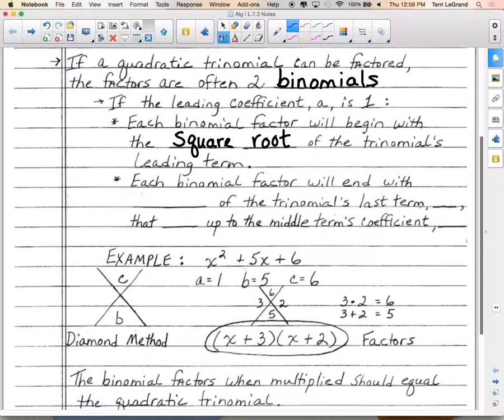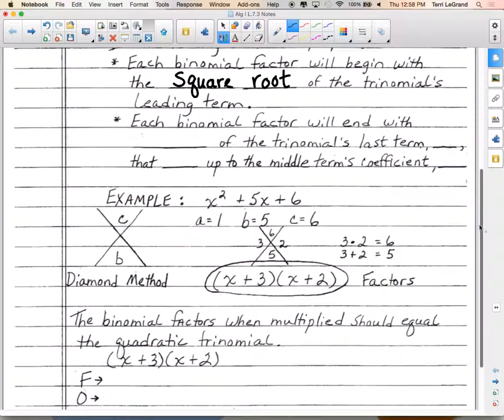So what multiplied by itself would give us x squared? X. What multiplied by itself would give us y squared? Y. And what multiplied by itself would give us a squared? A. So when the leading coefficient is 1, we can just find the square root of the trinomial's leading term, and that will be what each binomial factor will begin with.